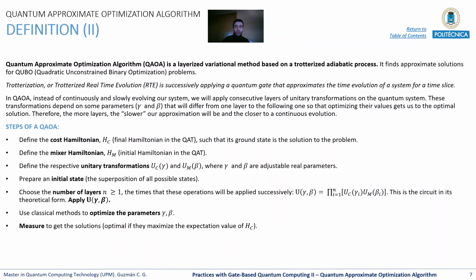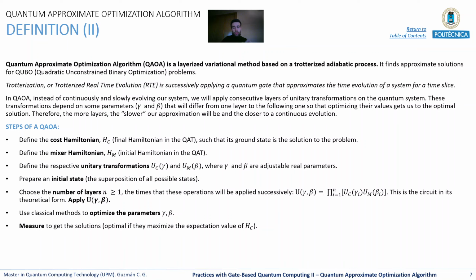So variational, the part of variational is because this whole process will depend on some parameters that will be continuously optimized. In each of those time slices, we will apply the quantum gates. Those will depend on some parameters. Those parameters will be updated for the next time slice.